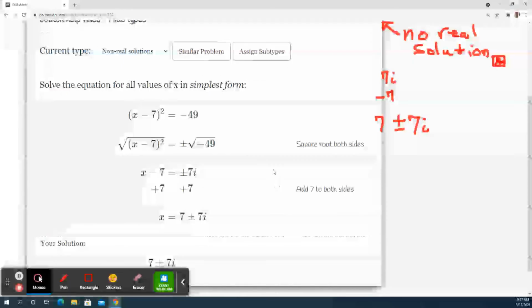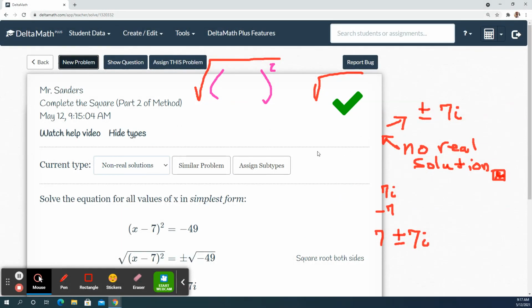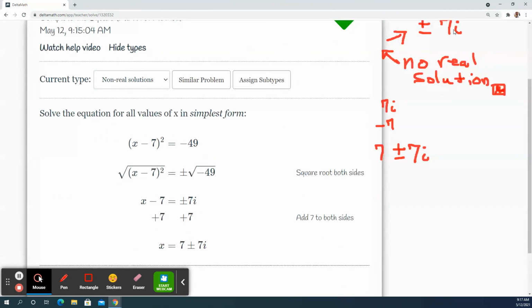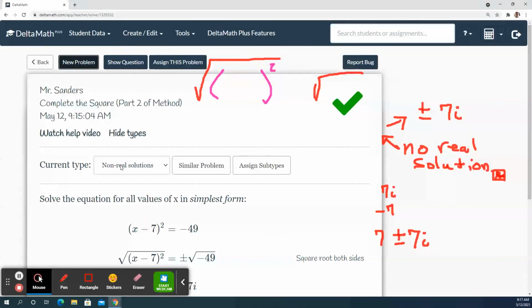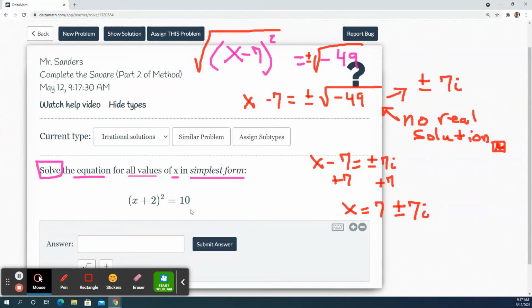We are in the imaginaries here, and that is okay. The idea is when you take the square root of a negative, it comes out as i, and that's what we have here. Good. The last one is the irrational solutions, and that would just be the square root of 10. We would leave it as the square root of 10 when we do it.